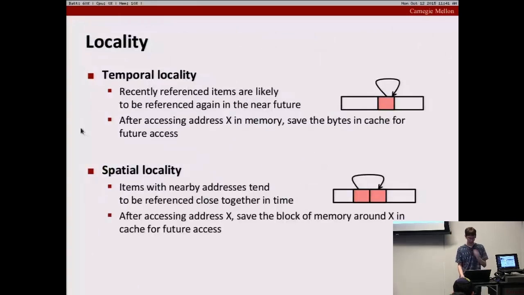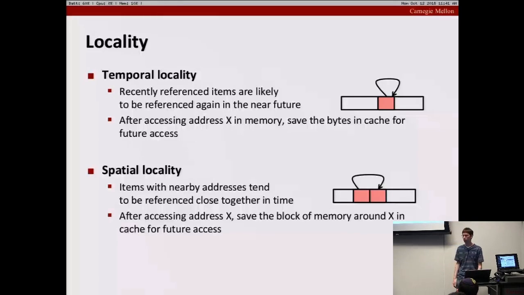So when we're accessing stuff from memory, there's a property that makes caches actually useful called locality. This is the whole reason why having caches is a useful thing at all. The idea is that when we access data, it's probably going to be the case that we are either going to access that same data again sometime in the near future, or maybe we'll be accessing data that was stored nearby in memory.